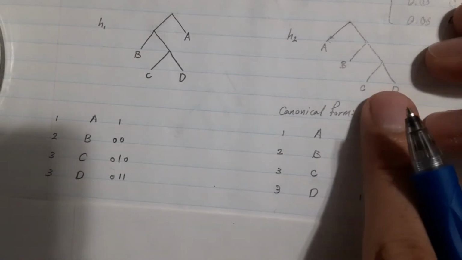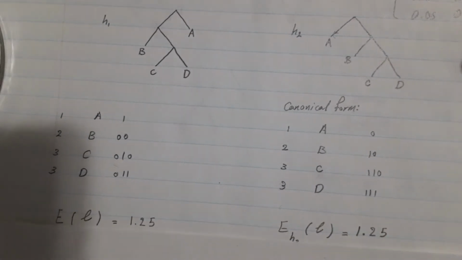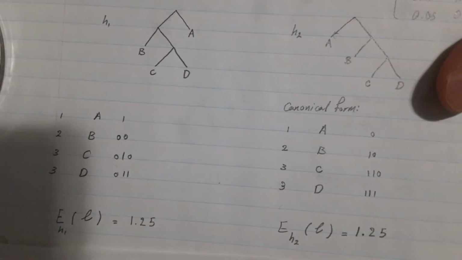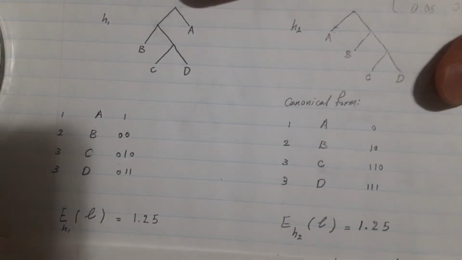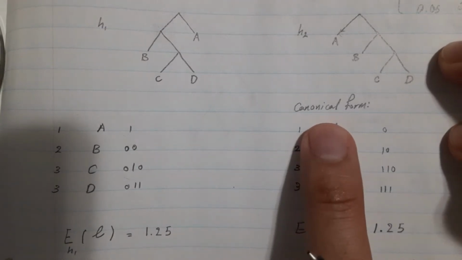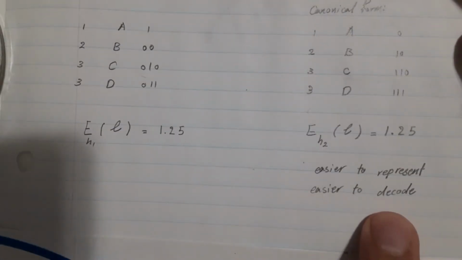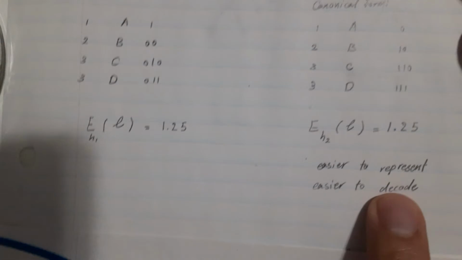But if you do this here, you can do it with a trick. This is the expected length of both Huffman trees that we talked about. They are the same. The right form is also called the canonical form. And there is another point in using it: it's easier to decode as well as easier to represent.